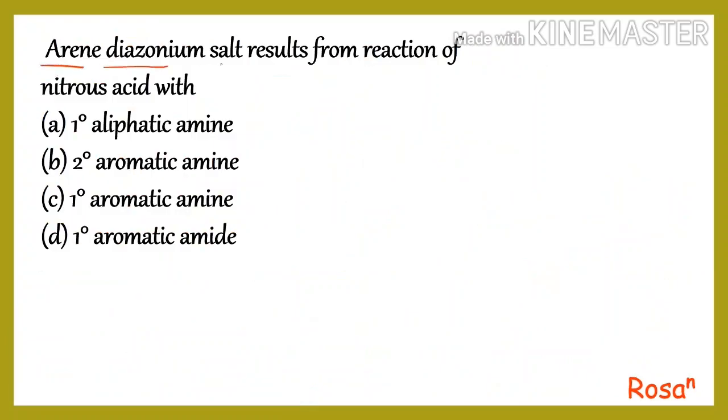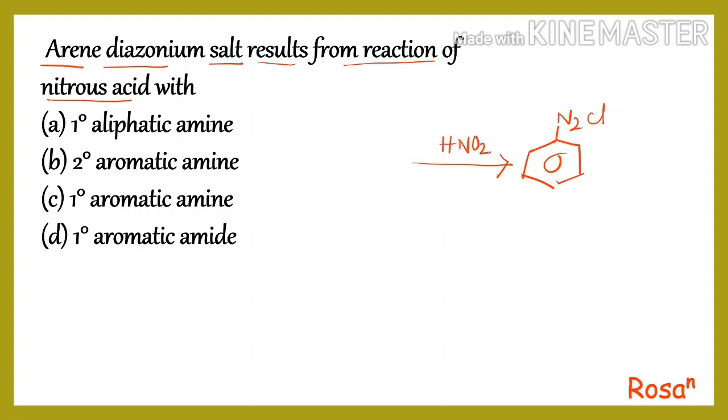Arene diazonium salt. That means aromatic diazonium salt, which is ArN2Cl. It results from the reaction of nitrous acid. So it is produced by the reaction of nitrous acid, means HNO2, or we say NaNO2 HCl at 0 to 5 degrees Celsius.